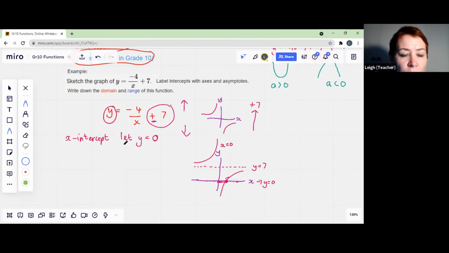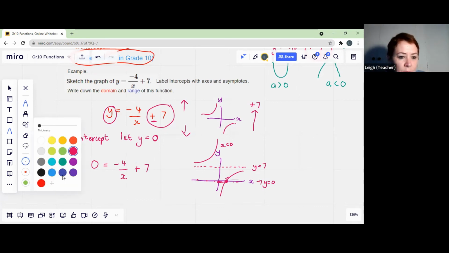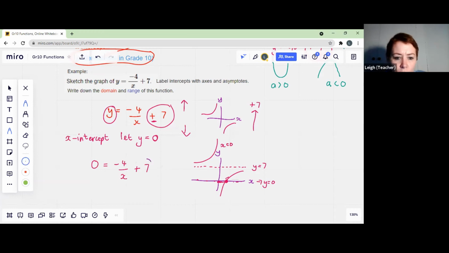So this y over here, I'm replacing with 0. Good, well done. 0 equals negative 4 over x plus 7. Now what has to happen to this plus 7? Where is it going to go?